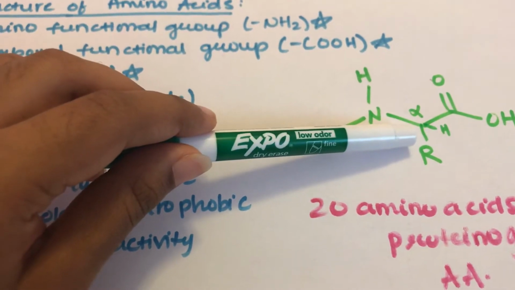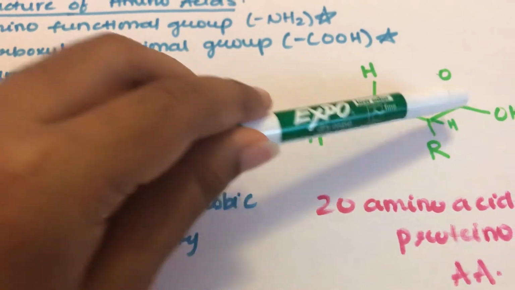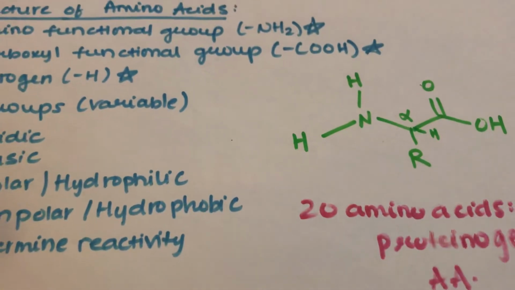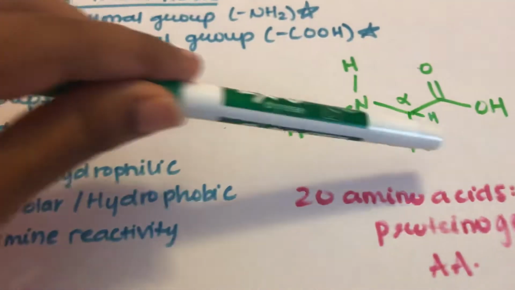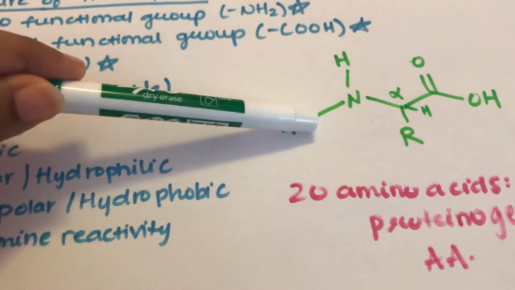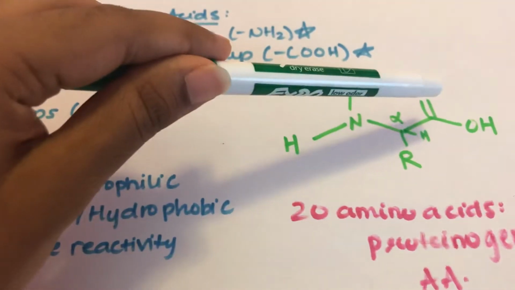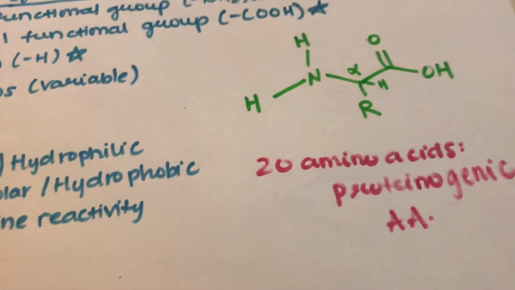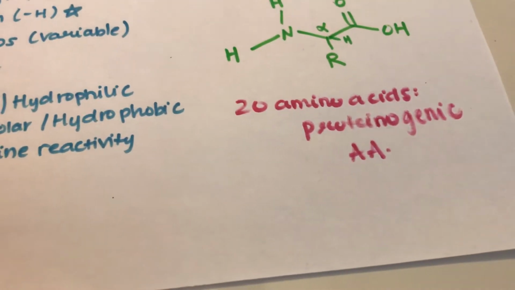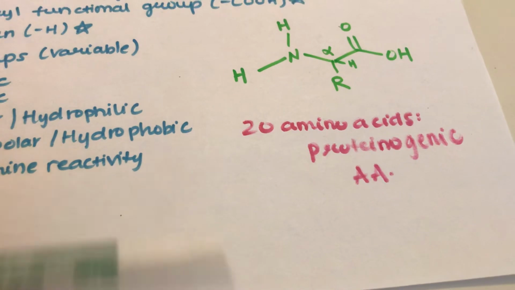This carbon right here is called the alpha carbon because it's right next to the carbonyl carbon, and it is chiral because there are 4 different groups attached to it: the amino group, the R group, the hydrogen, and the carboxylic acid. There are many amino acids present, but only 20 of them can be coded by the human genetic code, and those 20 amino acids are called proteinogenic amino acids.